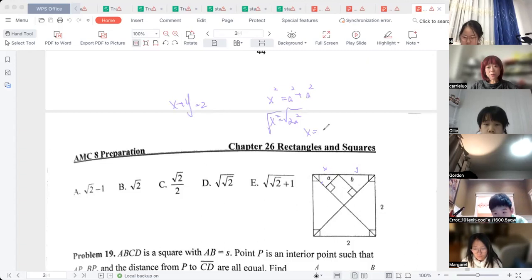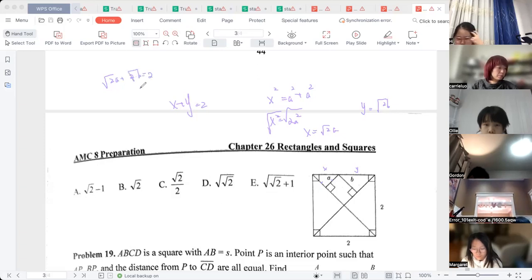So X equals square root 2 times A. The same thing, Y equals square root 2 times B. So we have square root 2 A plus square root 2 B equals 2. We can divide both the left side and right side by square root 2. We have A plus B equals square root 2. So that is answer number B.